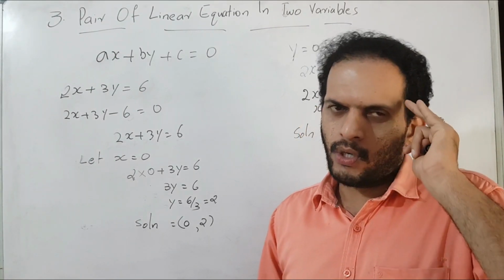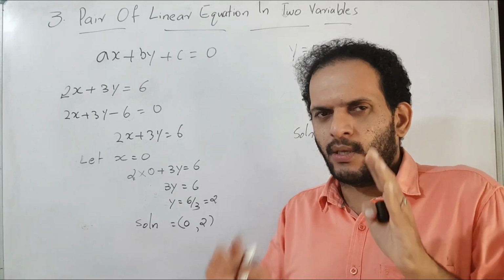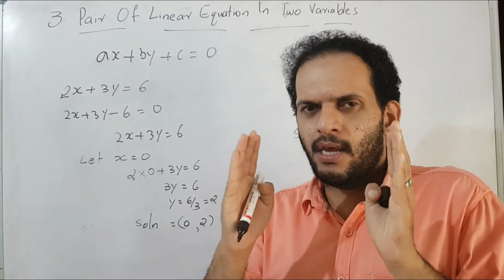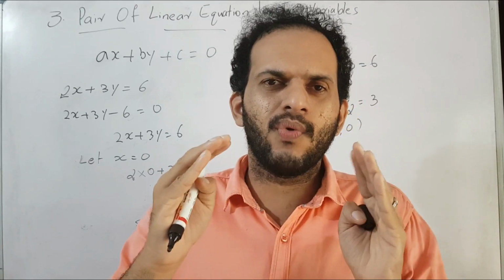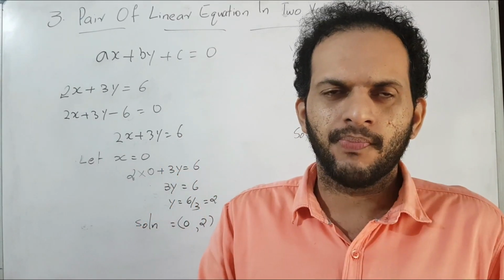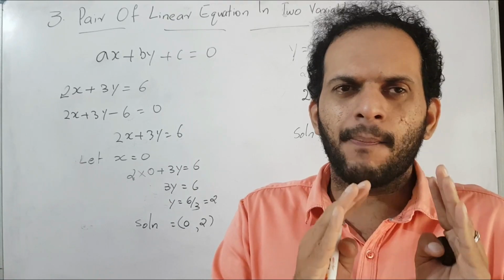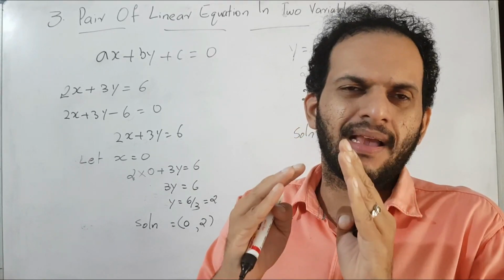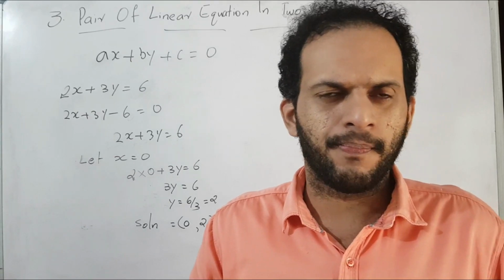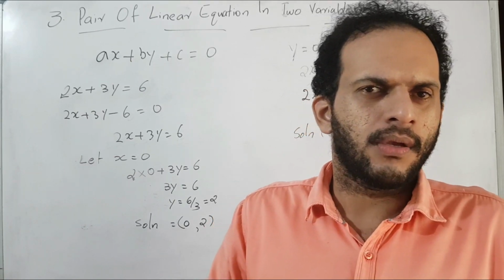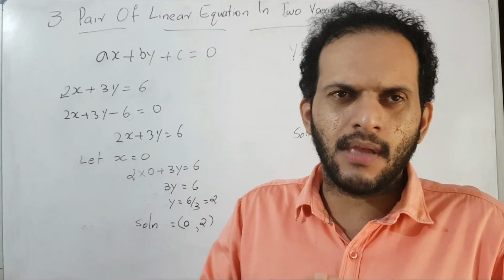Then one idea to remember: the solution of a linear equation in two variables is always a pair of values in coordinate form. The first represents the value of x and the second represents the value of y.